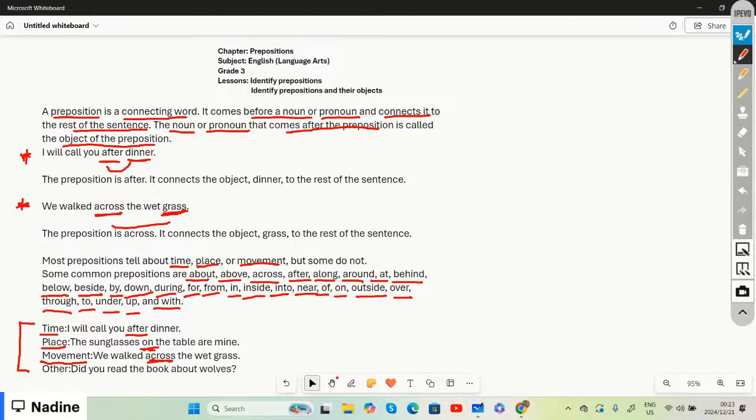And if we were to identify a preposition, then we can say it is about. That is our preposition, and that is basically just other.